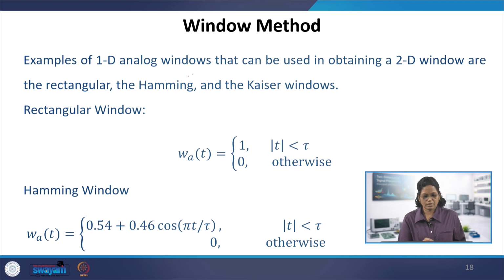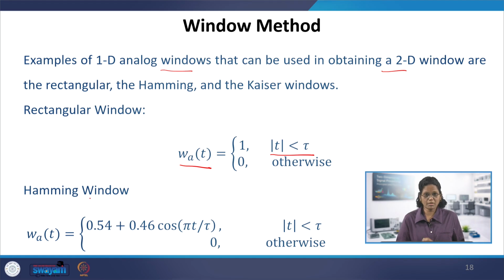So here are the 1D analog windows, for the examples, from which the 2D windows are obtained. So the rectangular, Hamming, Kaiser, the common window functions. What we had learned: the rectangular window in analog, W_A of t, where t is less than tau, is equal to 1.